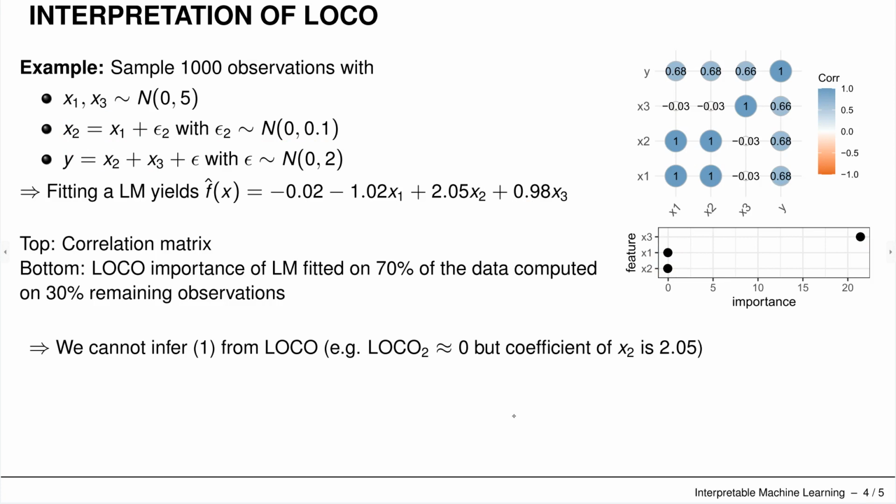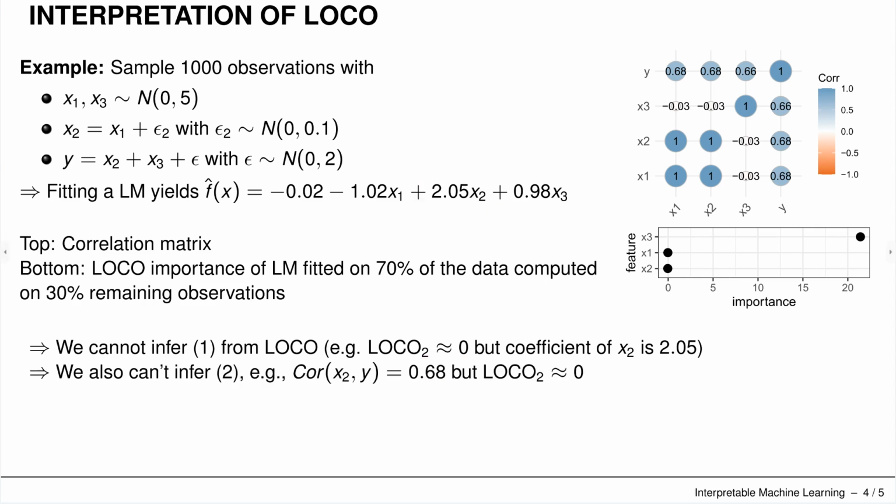Because if we look at x2, then it has the positive coefficient of about 2, but the LOCO of x2 is 0. So x2 is causal for the prediction of the model, but LOCO cannot detect that.